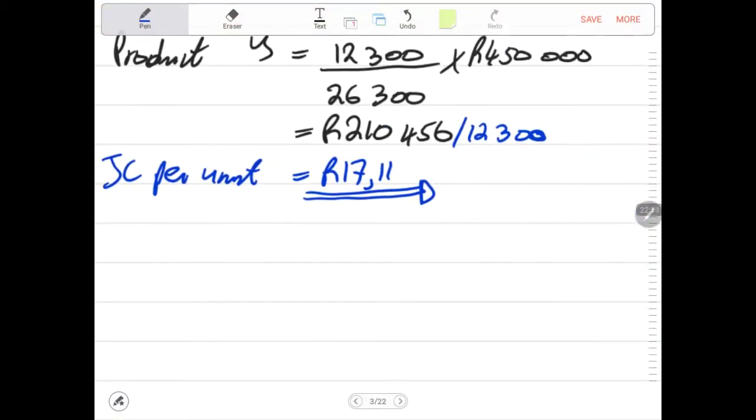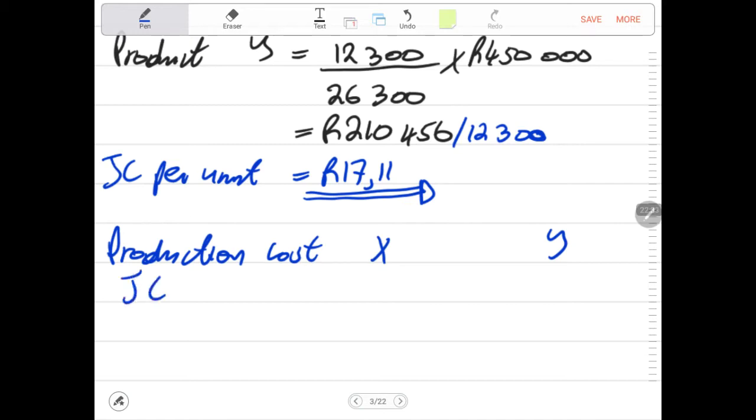And before I do that, I just want to calculate the total production cost for both products, which is product X and product Y. Now our production cost is made of joint cost, please know that, and further processing cost.